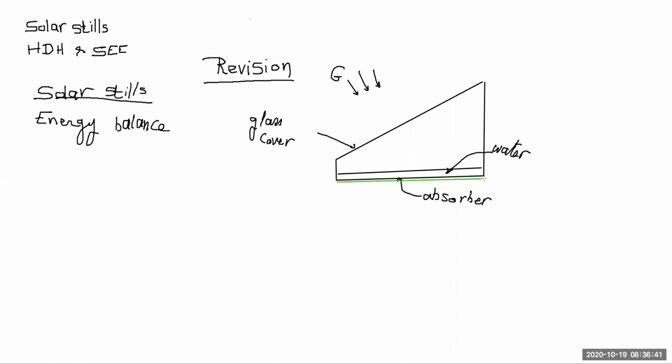we should have a layer of insulation, not only here, but it should cover the whole solar still, so that we can reduce the energy loss to the surroundings. And that is an important thing that should be there.